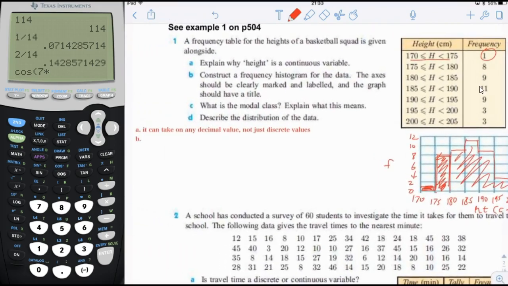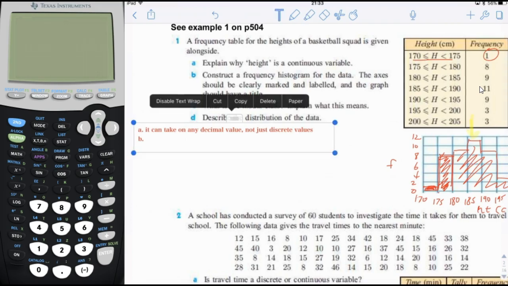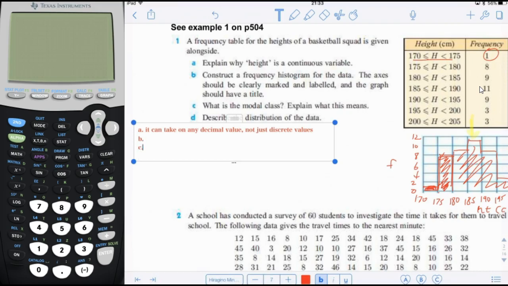And then for C, what is the modal class? Remember, the modal class is easy to see because it's going to be the highest column. So it's that one, 185 to 190. So let's see, that modal class is 175 less than or equal to h is less than 180.